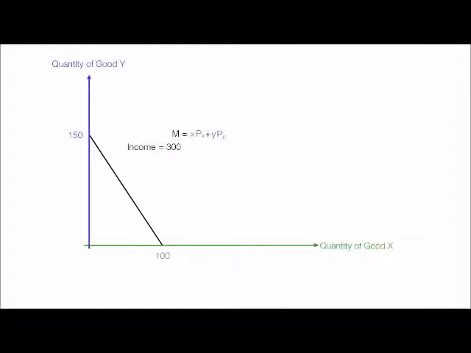If I want to know the price of X, I'm going to calculate that here. I take income, which is 300, is equal to the quantity of X times the price of X, which I'm trying to figure out, plus 0, because I'm not going to purchase any Y, so it's 0 times the price of Y. 0 times the price of Y is 0, so I can ignore that.